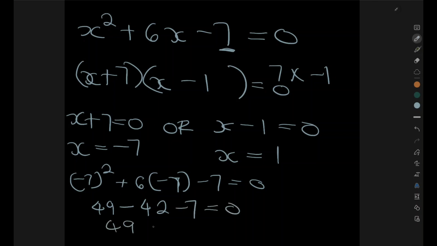So I know that's 49 minus 49 equal to 0. So I know that this is valid, and I'm going to do the same thing for 1. And if it's valid, then my answers are correct. So that's it for basically solving quadratic equations by factorizing.